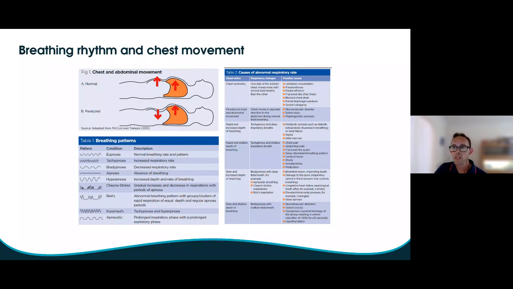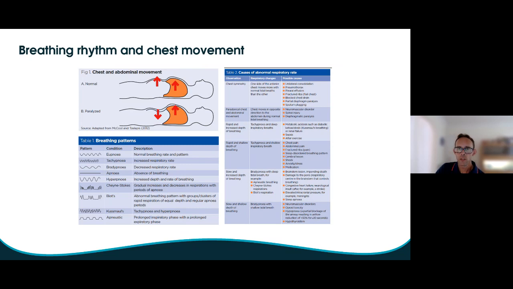For example, a patient with diabetic ketoacidosis may exhibit signs of rapid, deep breaths, otherwise known as Kussmaul's breathing. And this is to reduce the level of carbon dioxide in the blood and to maintain a normal pH and re-establish the homeostatic state.